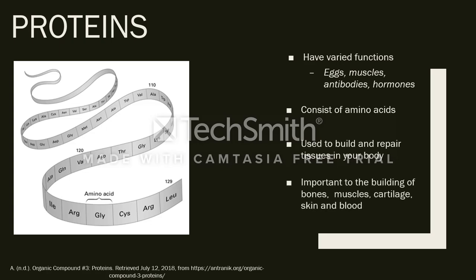But you have to remember that not only are proteins essential to the growth of muscles, they also play a very vital role in the building of bones, cartilage, your skin and blood. So there's a lot more to the story of proteins than just building muscle. They play a very vital role in the functioning of your body day in and day out.